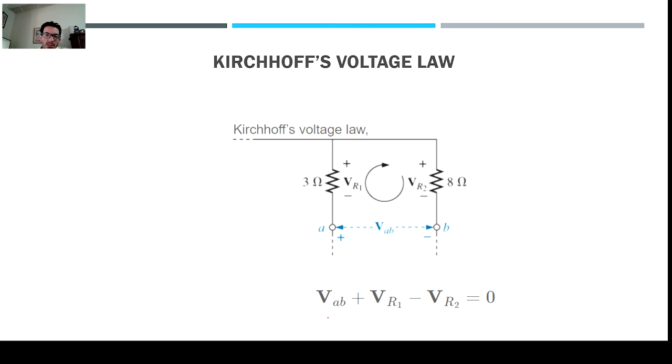Now, in parallel, we can use Kirchhoff's laws of voltage and current to find potentials. So if, for example, they ask you what is the potential between point A and point B for this branch? Of course, if this is ground, then basically this is 0 and this is 0.